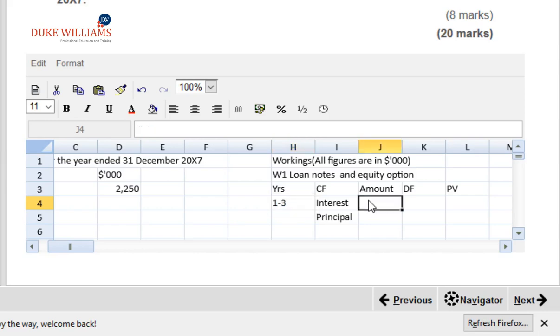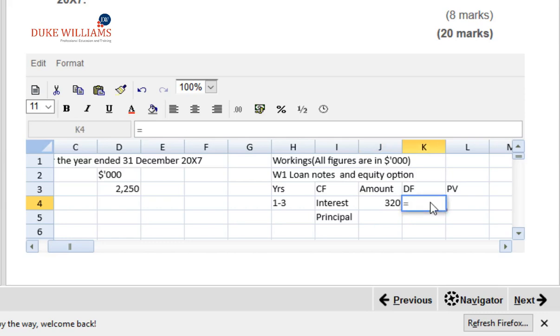The amount is equal to the nominal value, which is 8 million. So 8,000 times the interest on it, and the interest, which is the coupon, is 4%. So that will be 0.04, and that should be it.